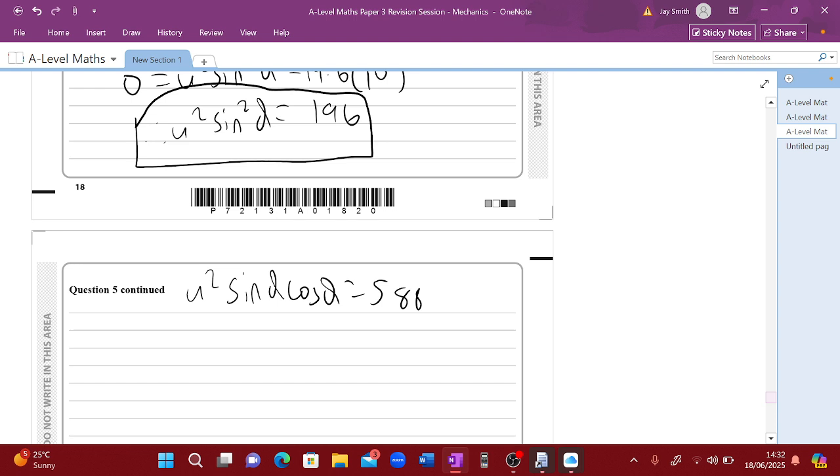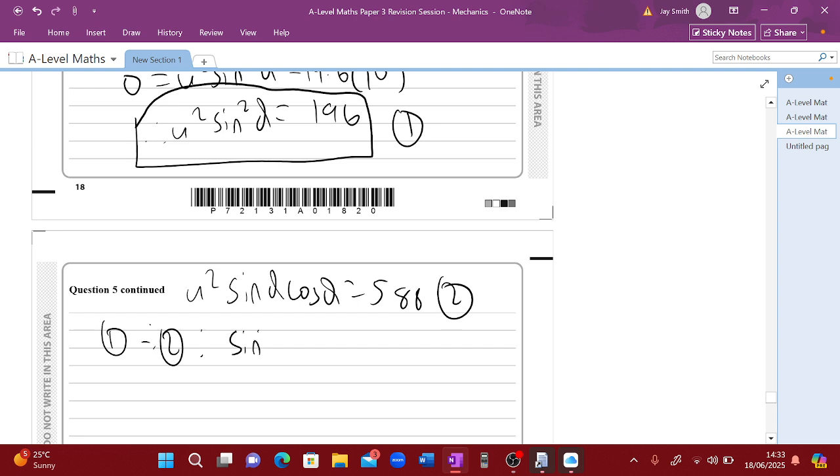So what are we going to do? Well, we want U. Interesting. Well, I think immediately I can divide. If I label them 1 and 2, I can divide 1 by 2 to get rid of U squared, to be left with alpha somehow.